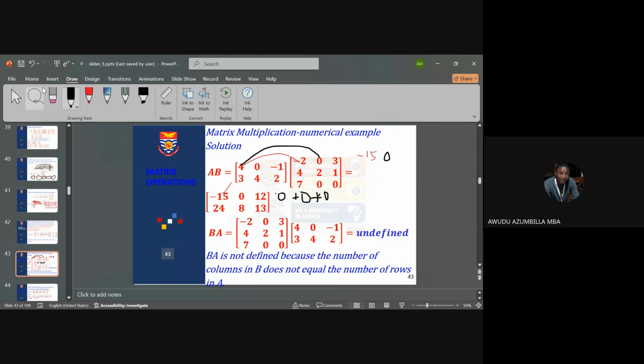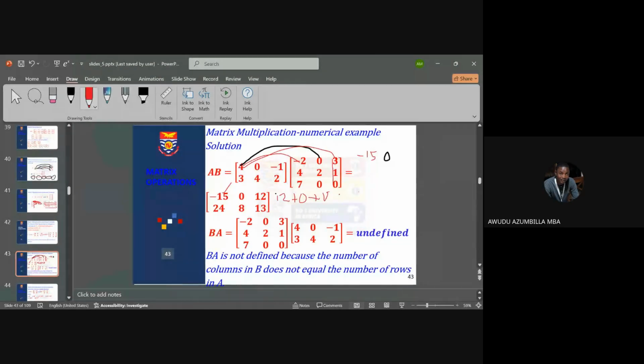Then we move on to the third one. It's the same thing. You multiply this row by the last column. So you have 4 by 3, which gives 12, and then 4 by 1, which is 4. Then 0 multiplied by 1 gives 0, and 1 by 0 gives 0.